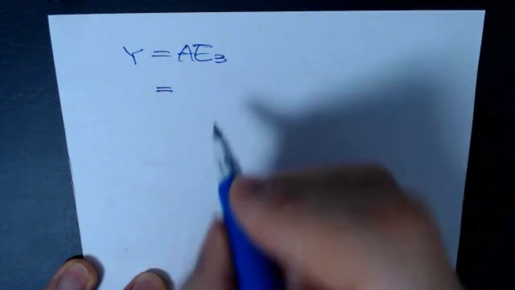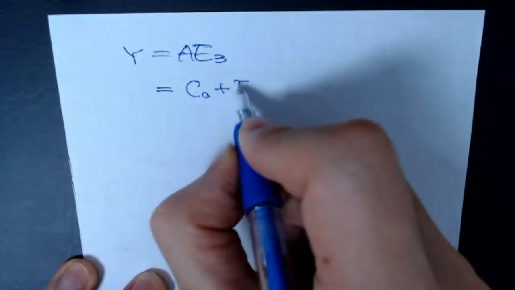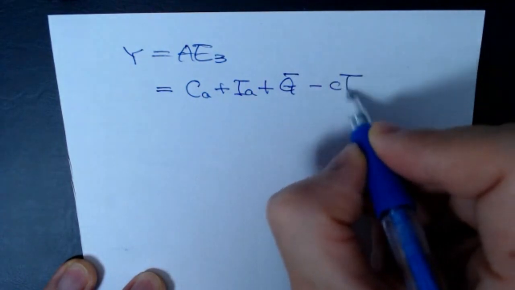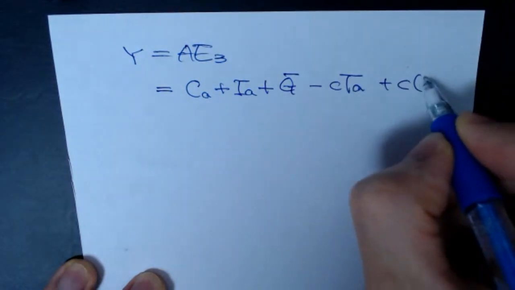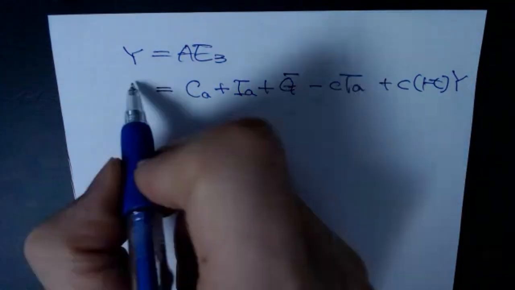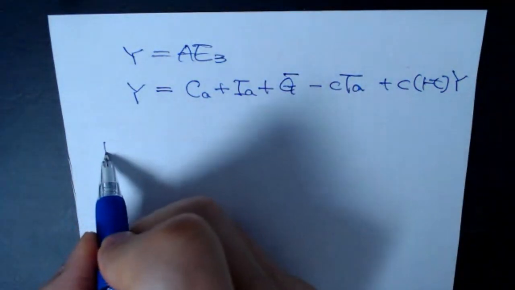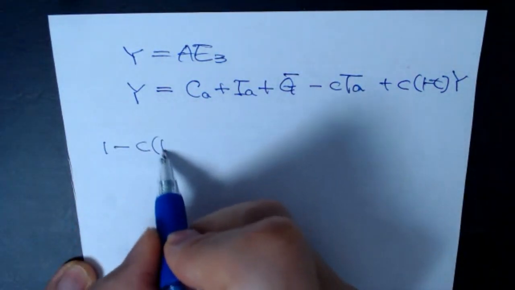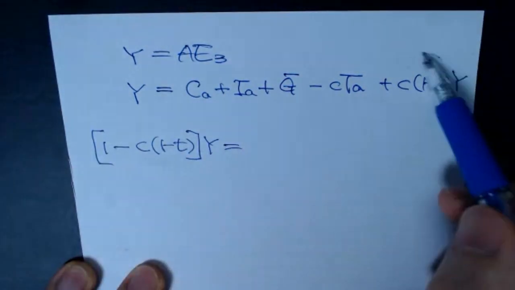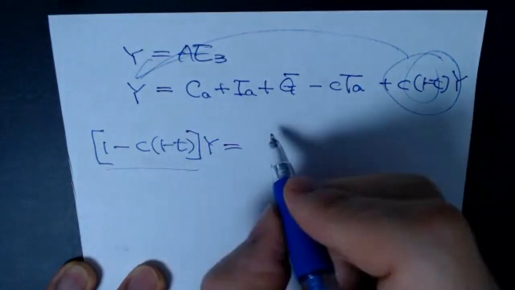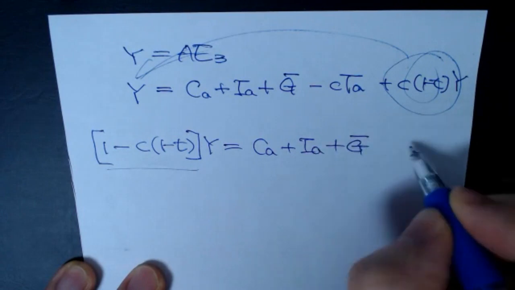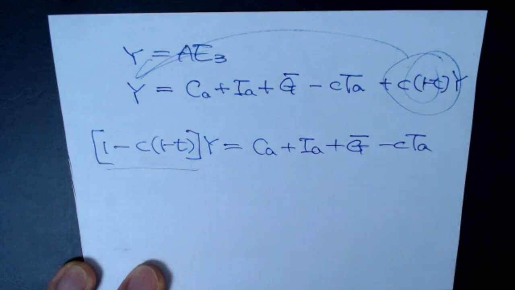And AE3 is CA plus IA plus G bar minus c TA plus c(1 minus t)Y. So as a result, equilibrium happens in this way: (1 minus c(1 minus t))Y. I move this term to this side, right? CA plus IA plus G bar minus cTA.